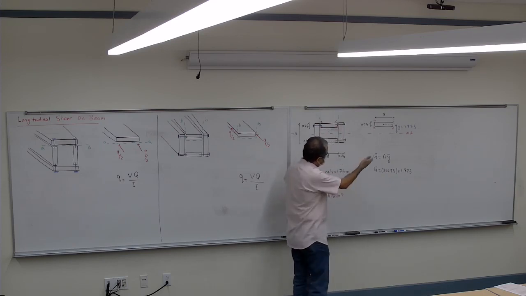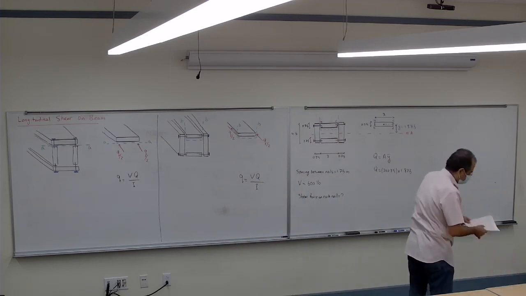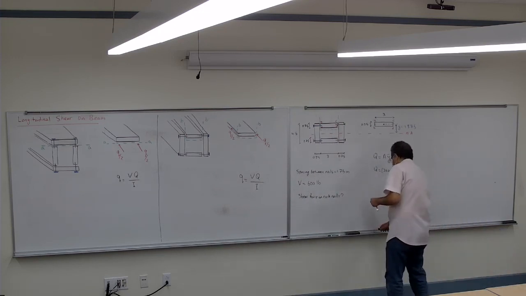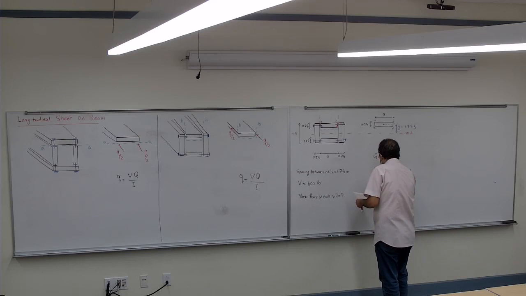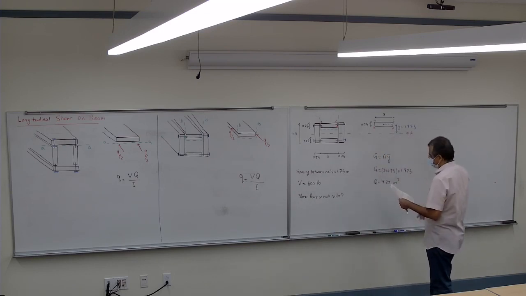So that Q for A, B, C, D is about 4.22. So the Q would be 4.22 inch cubed. That's the Q that I want.